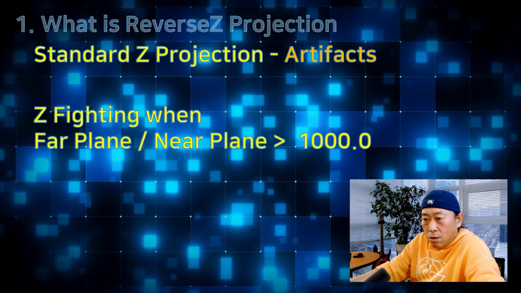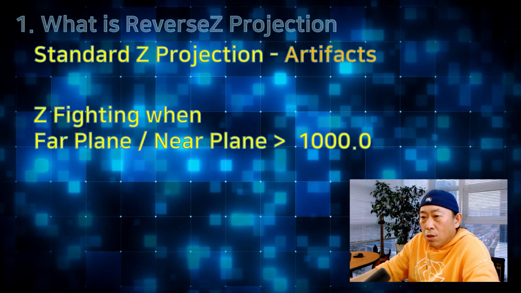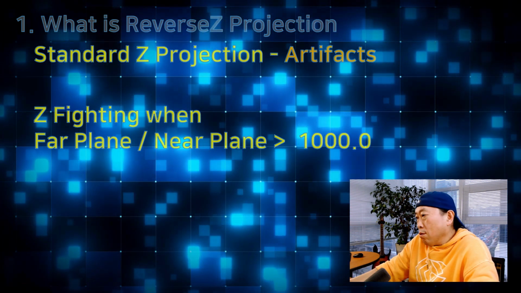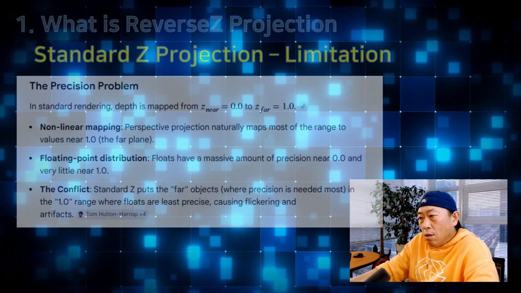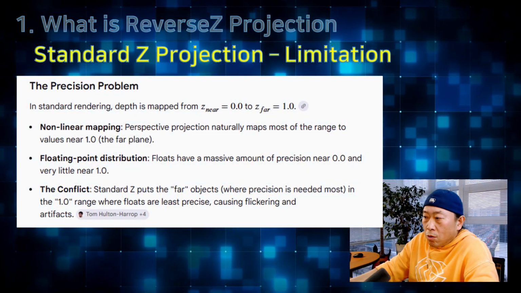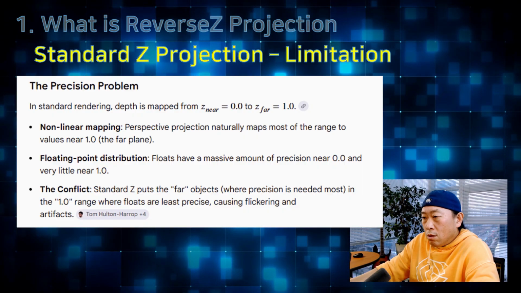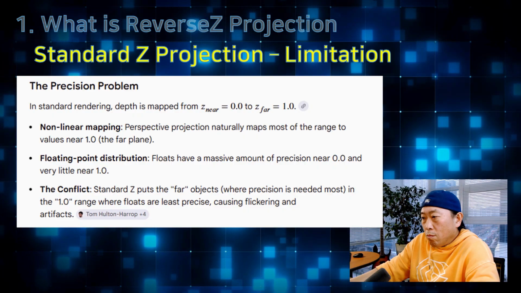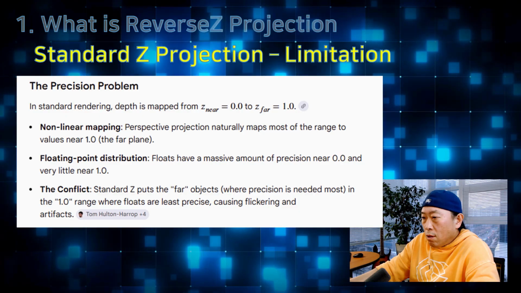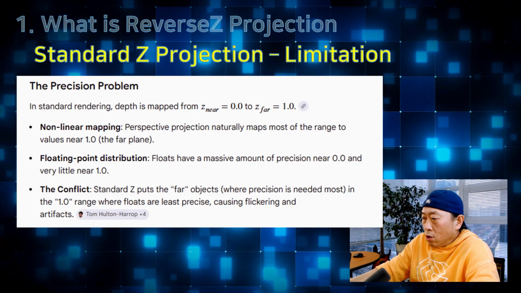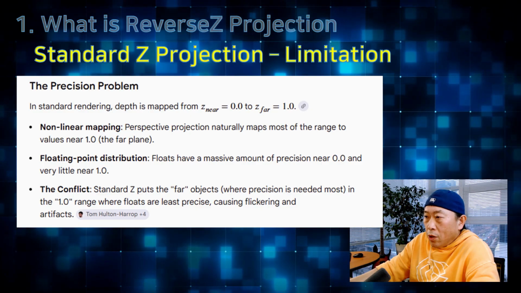The reason is the floating point precision problem. You can see more detailed documents on the web. They say that the standard Z projection is non-linear and the floating point values are not distributed equally within the range.